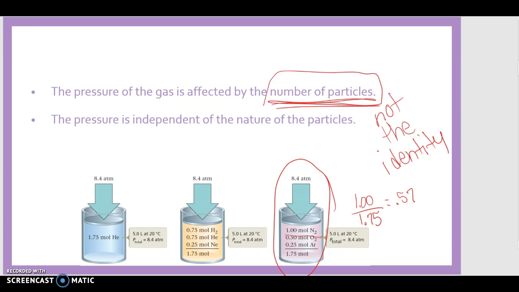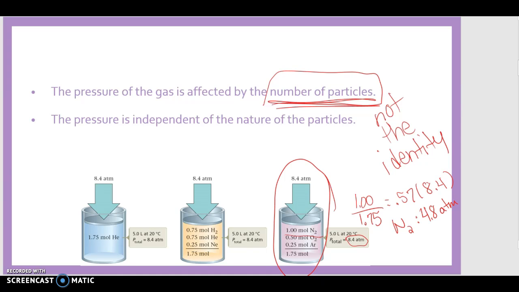0.57 if we're doing it in decimal form, times the whole pressure, 8.4. So the pressure due to nitrogen is 4.8 atm.